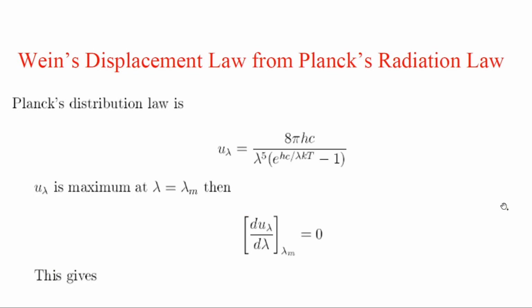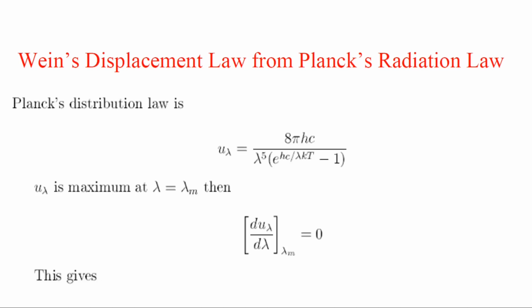That is, whenever we get the intensity maximum at a certain wavelength, that wavelength is denoted lambda_m, then the differentiation of energy density u_lambda at lambda_m becomes equal to 0. That is, du_lambda/d lambda at lambda_m equals 0.